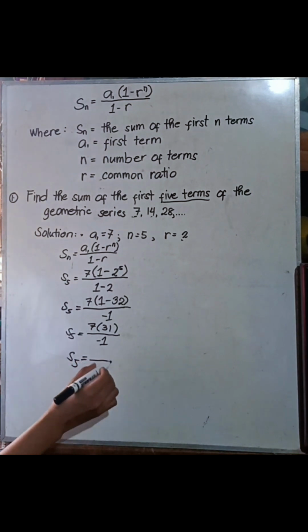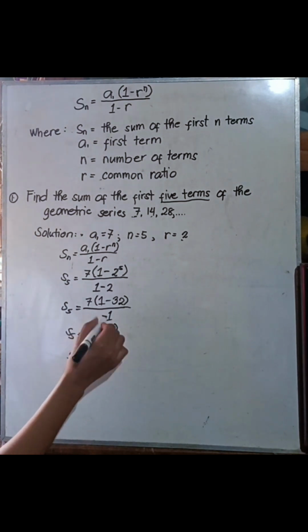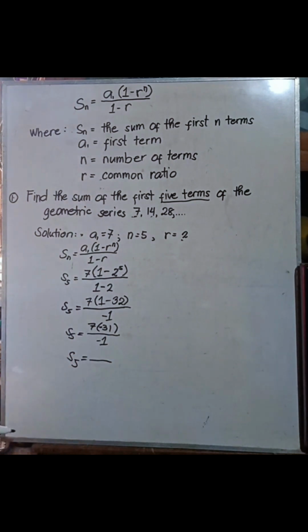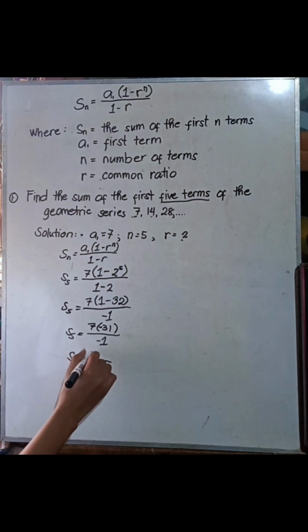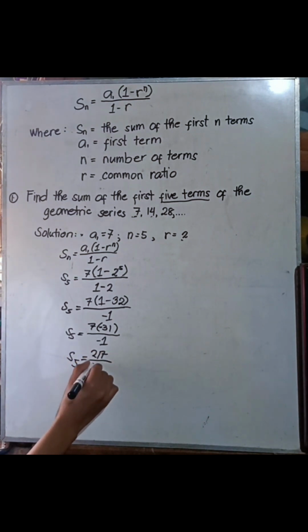Pila man? Ay, delete ni. 31. Negative 31. I forgot the negative sign. So, 7 times negative 31 is equals to negative 217 all over negative 1.